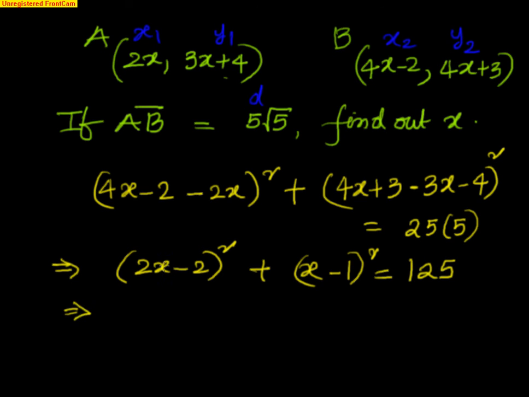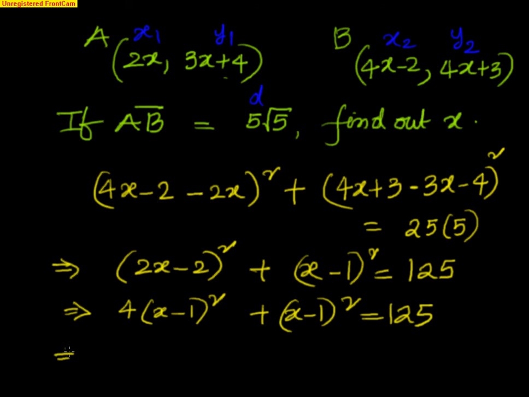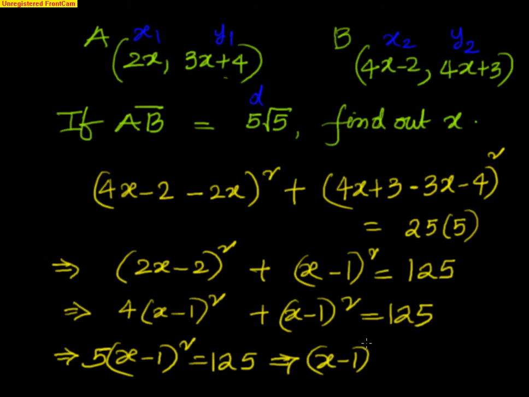Now I can see here, if I take 2 out, I will have 1 x minus 1. There is another x minus 1. So I can bring the 2 out. This becomes 4 into x minus 1 whole square plus x minus 1 whole square equal to 125, which gives me x minus 1 whole square into 5 is equal to 125, which gives me x minus 1 whole square equal to 25.